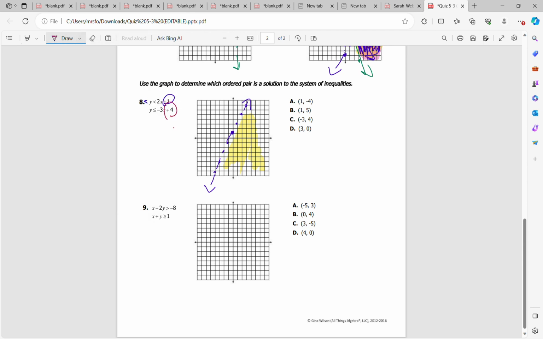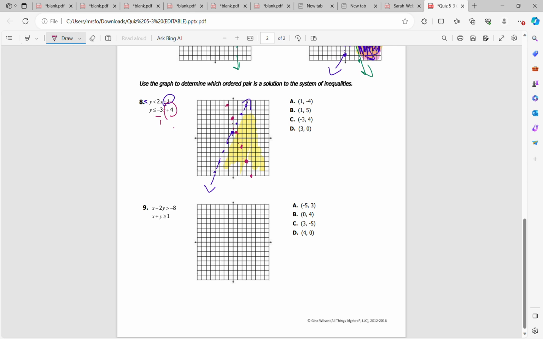Okay, for the next one, I start with the plus 4. That's my y-intercept. So 1, 2, 3, 4. My slope is negative 3, so that's down 3 over 1. Down 3 over 1. Or you could go up 3 and to the left 1.